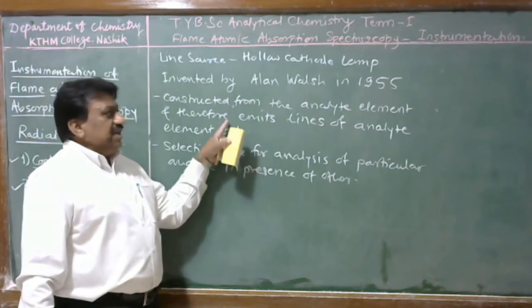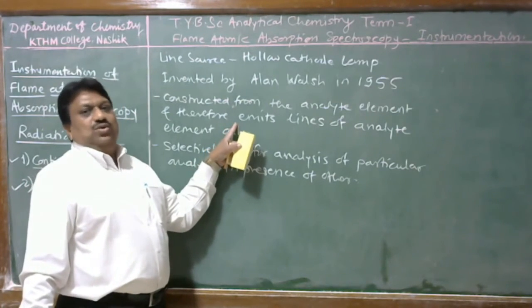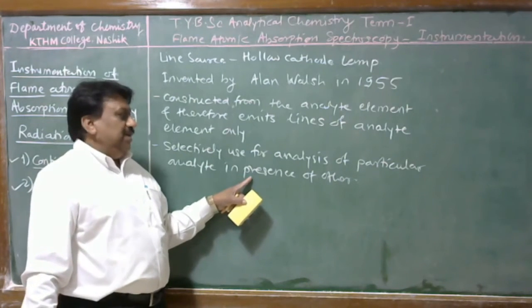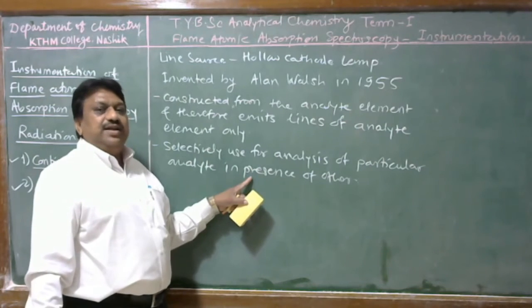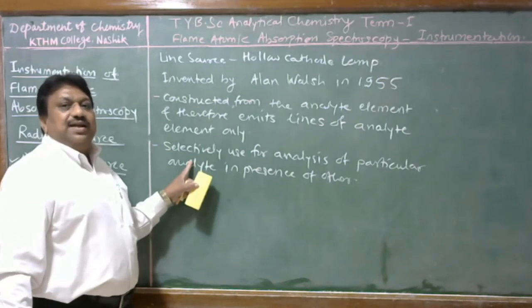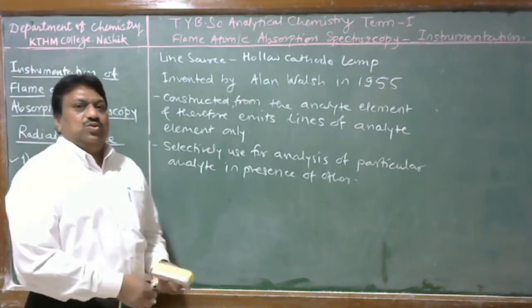Because the resonance line of copper, or emission line given by the copper hollow cathode lamp, is absorbed by the copper present in the flame. And therefore, in presence of other impurities or interfering material, we can easily determine a particular analyte selectively by using this light source called the hollow cathode lamp.